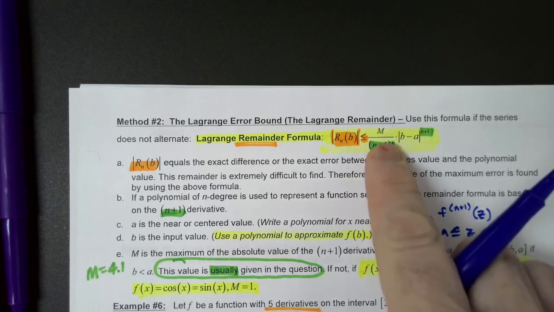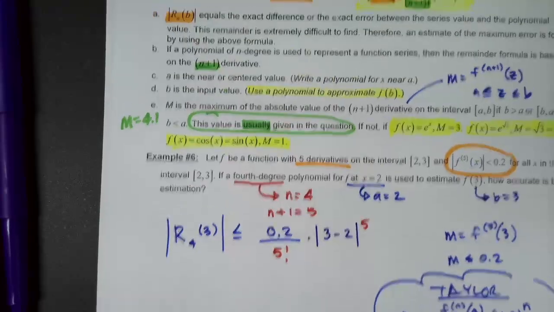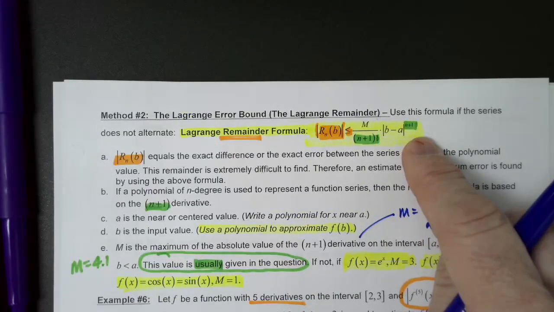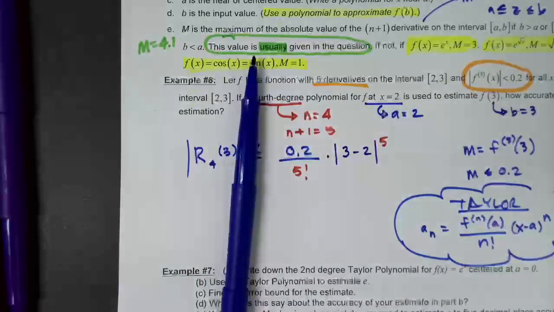Okay, this m is the n plus 1 derivative. Our denominator is n plus 1 factorial, and we're taking x minus a to the n plus 1 power. Okay? Can't be that bad? So think about it. With our alternating series, all we did was use the next omitted term.